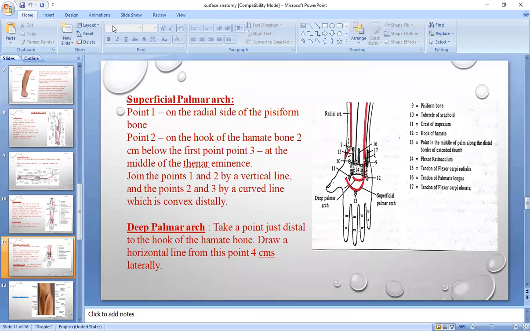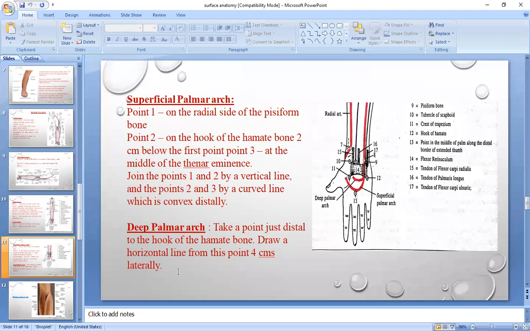Then point 3 at the middle of the thenar eminence. If you join all these 3 points, it gives a curved line with a convexity facing distally. So it gives the surface marking for the superficial palmar arterial arch.